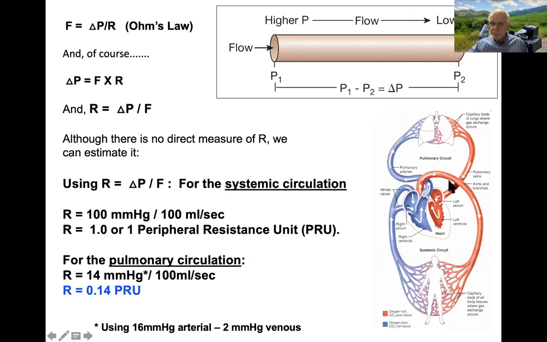So 14 divided by 100 gives me 0.14 peripheral resistance units. You can see that, estimating, the resistance in the pulmonary circulation is about 1/10 of what it is in the systemic circulation. Low pressure, low resistance. High pressure, much higher resistance in the systemic circulation.